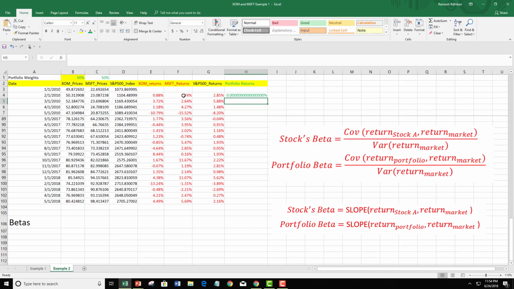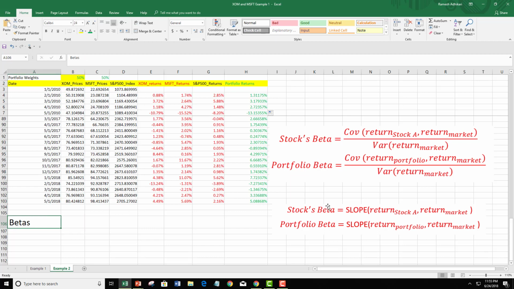So if you compute for one period, right, you can double click it, or before I do that, let me change the format here. So once I change the format, I can double click on the square box and it gives me the historical portfolio return.